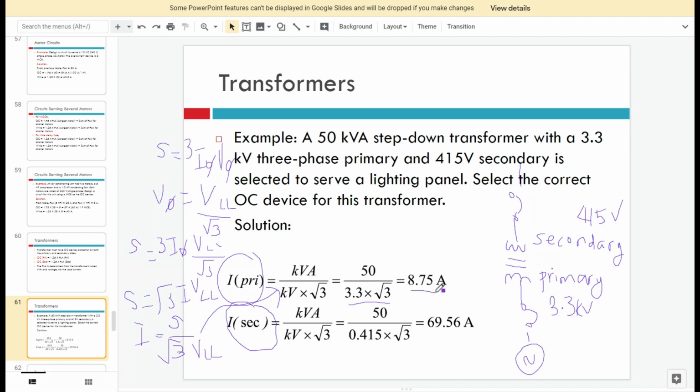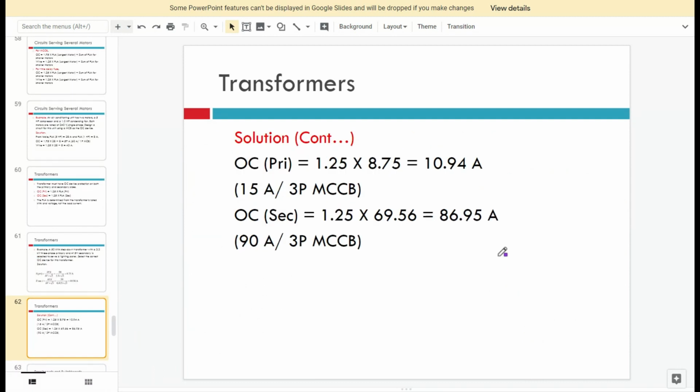You get 8.75 ampere, and then for the secondary side you get 69.56 ampere. So you can determine the MCCB circuit breaker for this transformer. For the transformer, you just multiply by 1.25 times the FLA, which is the primary side you get from the equation.